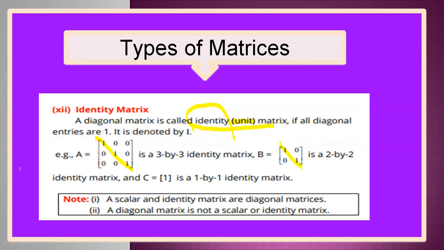It's denoted by capital I. Look, it's of order 2 by 2, 3 by 3, 1 by 1. We can say it's also diagonal, with 1s. The rest of the entries that are not shown here are 0. Okay, so all these are identity matrices.